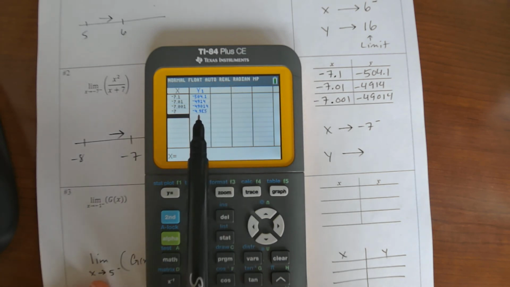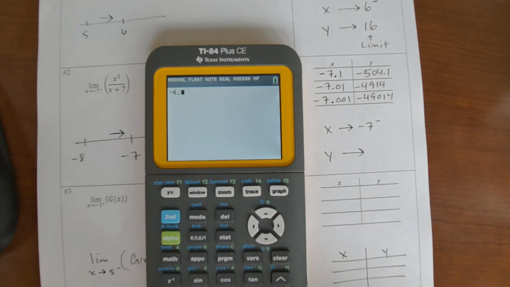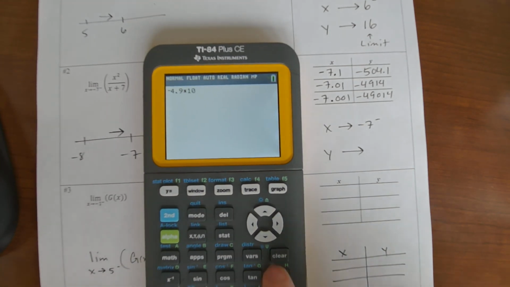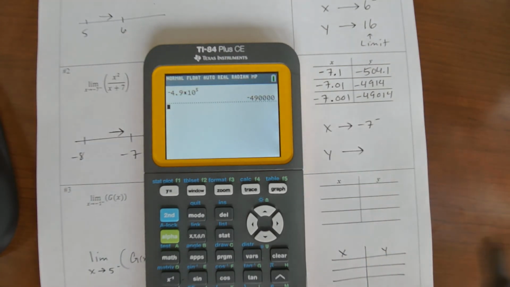It's really kind of hard for you to see unless you're doing this along with me, but this little backwards e just means 10 to the, so this is negative 4.9 times 10 to the fifth. It's this really big negative number.